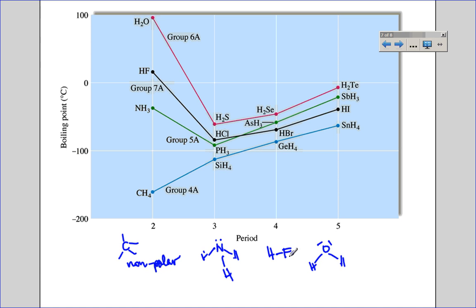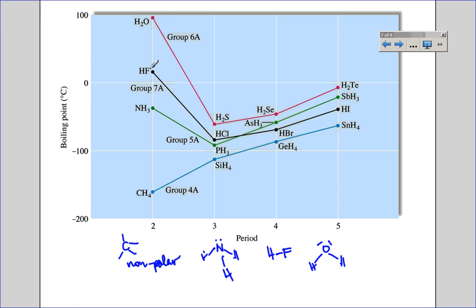Okay, but with the lone pairs, they all end up being polar molecules. So all of them can exhibit dipole-dipole interactions, which nicely explains why the entire set of them is higher than the group for A hydrides. Because they are all polar molecules, they're all going to have the ability to form dipole-dipole forces.